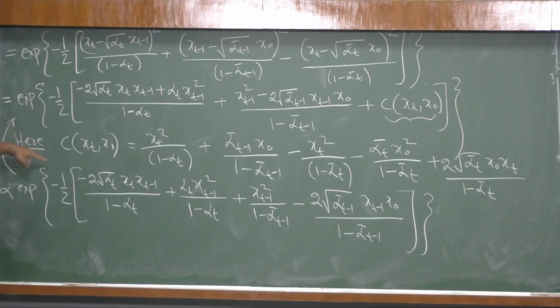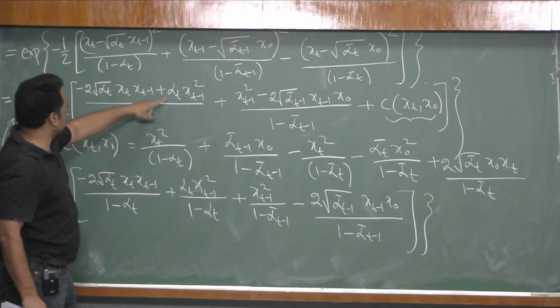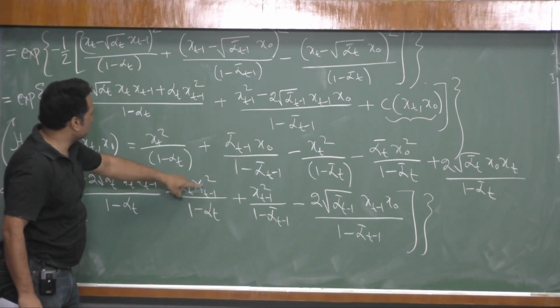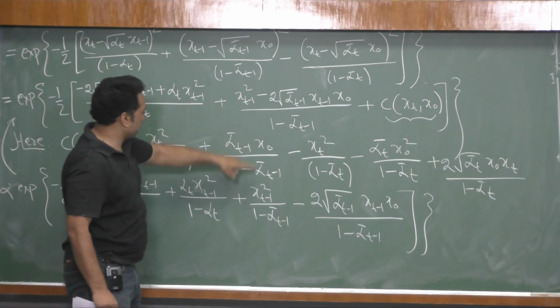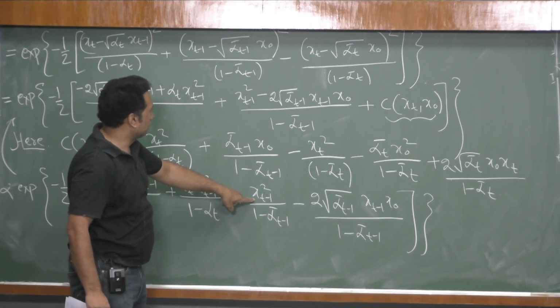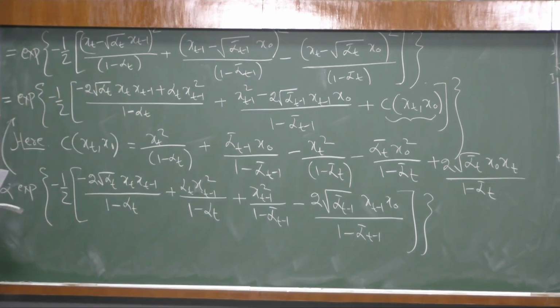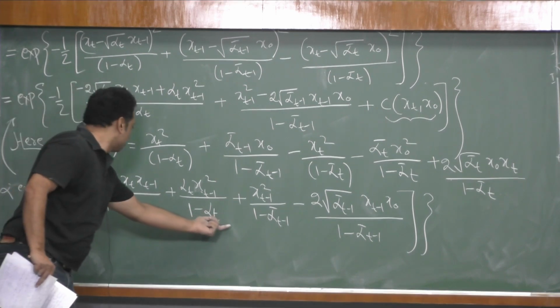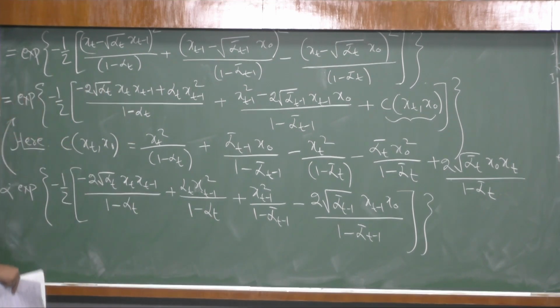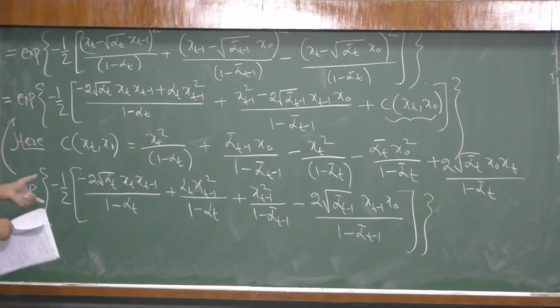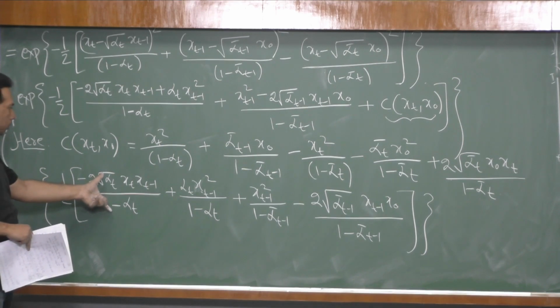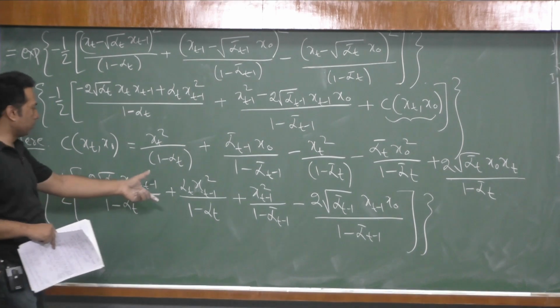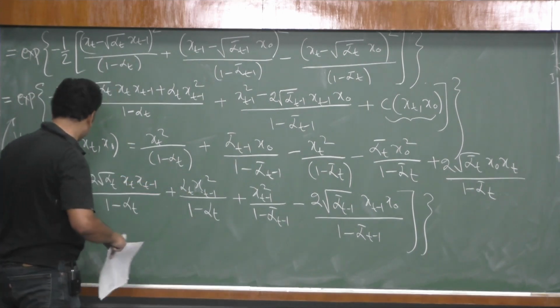So let's see. Here minus alpha t xt minus 1 plus alpha t xt minus 1 whole squared, and there is 1 xt minus 1 whole squared here. So xt minus 1 squared can be taken common, and I believe we will take another one as xt minus 1. So basically here we will take xt minus 1 common and then xt minus 1 squared common. So that's the next step.